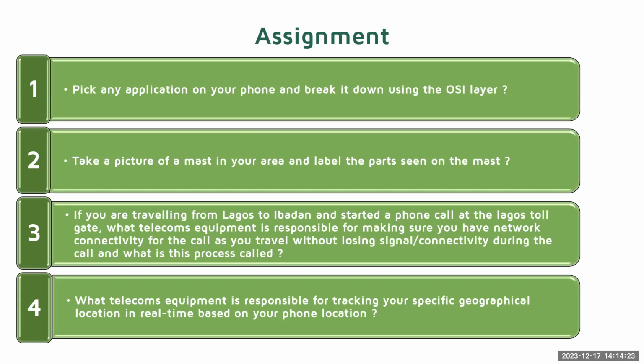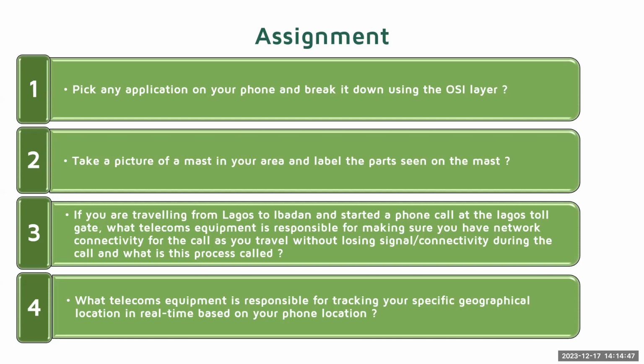So what happens is your phone calculates and looks for the nearest mast to where it is. Now, this process of calculation and looking for the nearest mast, and then transferring your call to the next mast, is called handover in telecommunications. It's a very core word you need to know: handover. What is responsible for this handover is the BSC.